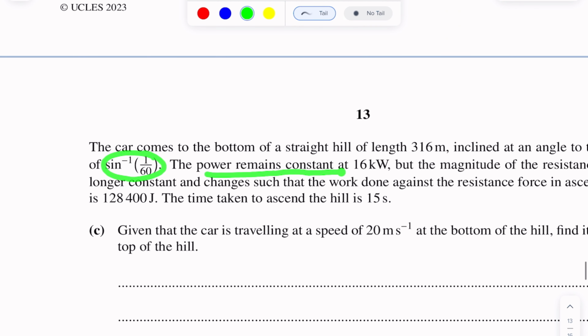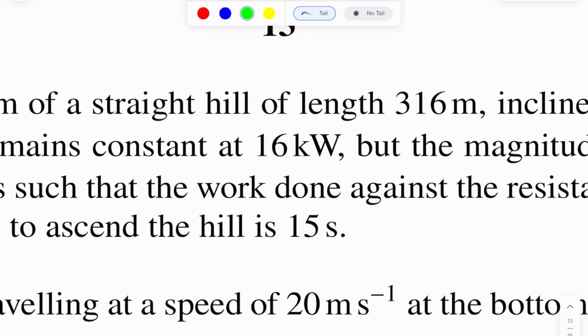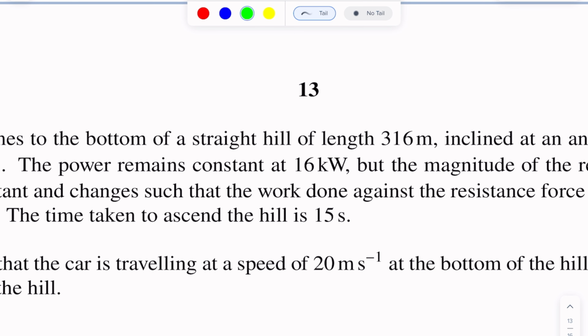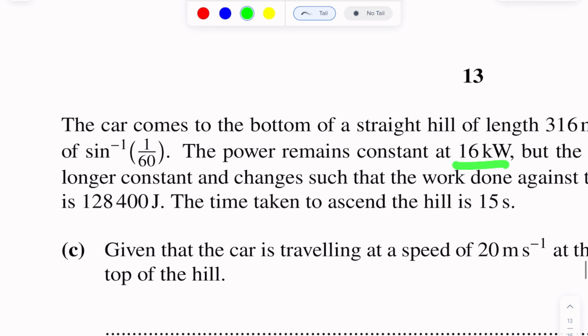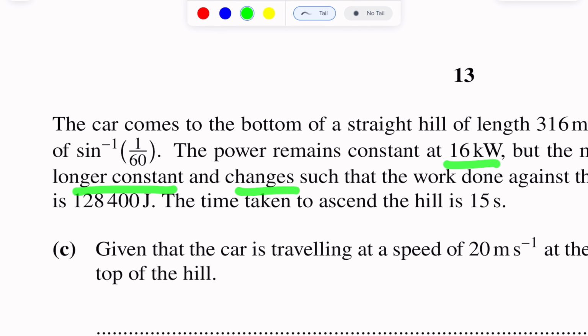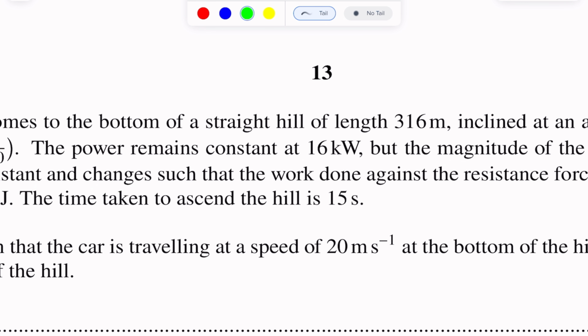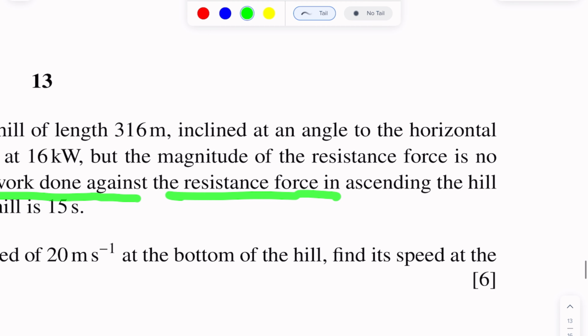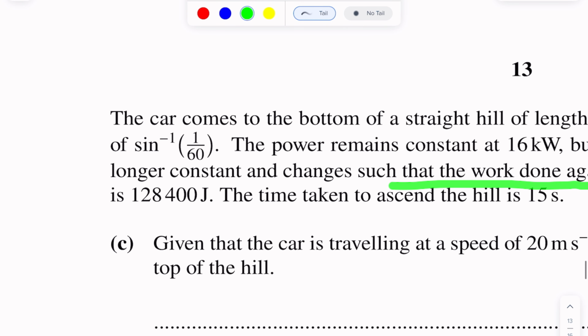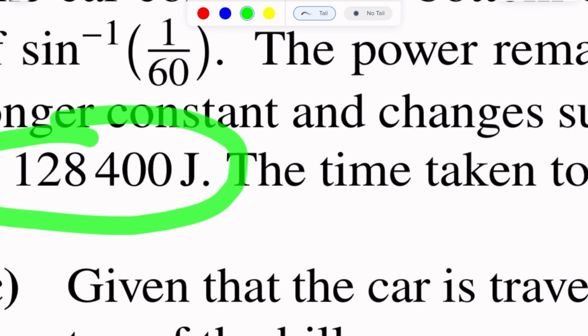The power remains constant at 16 kilowatt. In this part, power is constant at 16,000 watt, but the magnitude of the resistance force is no longer constant and changes such that the work done against the resistance force in ascending the hill is 128,400 joule.